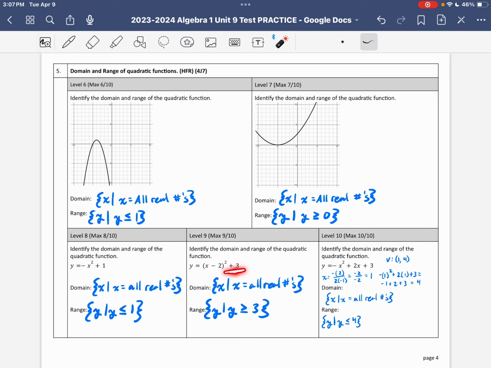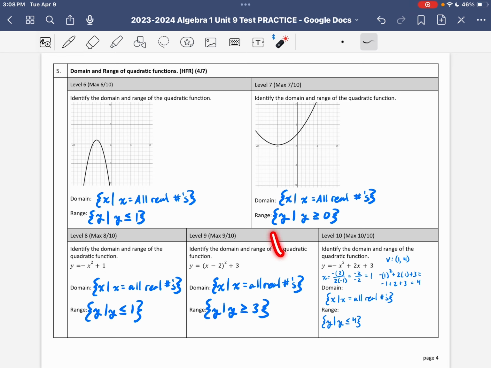So that number is either going to be the highest y value, like right here would be a 3, or it's going to be the lowest y value, and right here would be a 3. The reason why I know it's the lowest is because the number out in front is positive. There's a positive 1 right here. That means the parabola opens up, and the 3 is going to be the lowest y value.